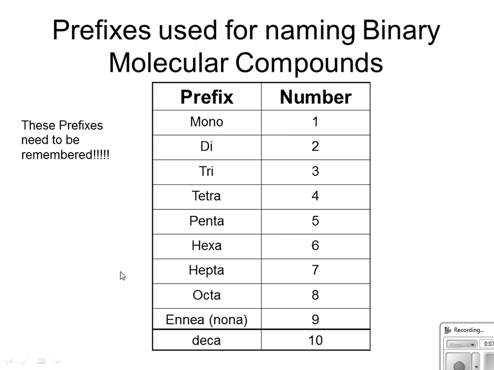And so here are all the prefixes all the way up to 10 that you will need to remember also. 1 being mono, 2 di, 3 tri, 4 tetra, 5 penta, 6 hexa, 7 hepta, 8 octa, 9 nona, and 10 deca.